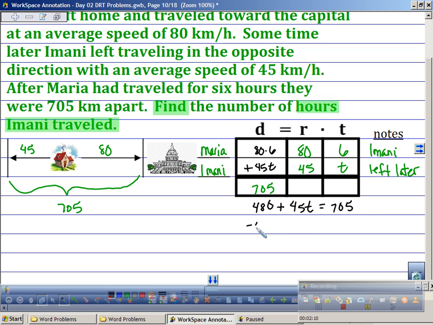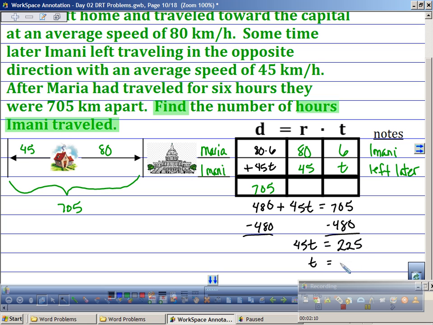Solve that one for me. Subtract 480 from both sides. What do you get? You guys have calculators. 45T equals what? 225.